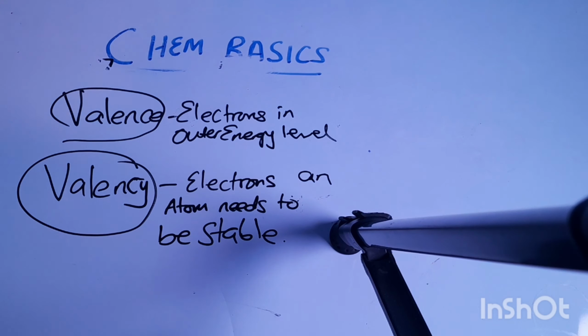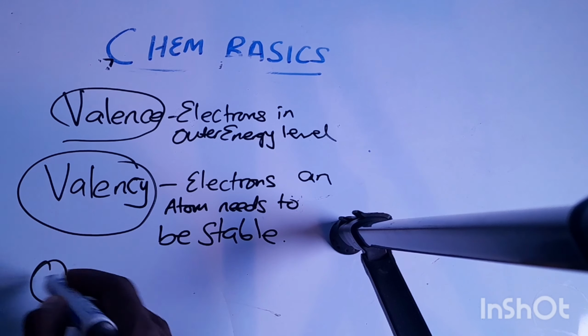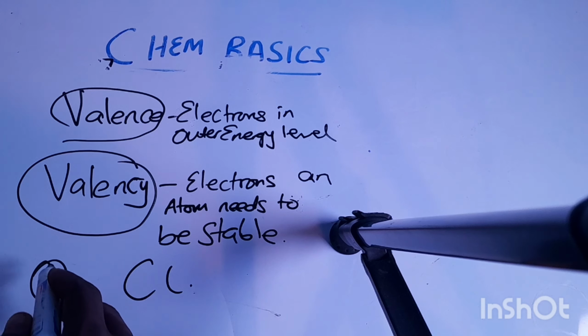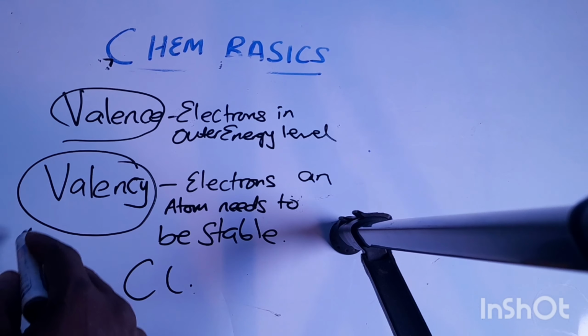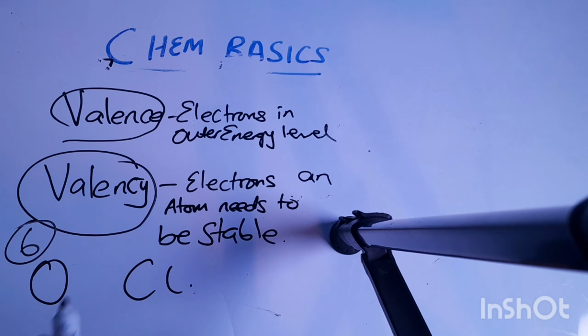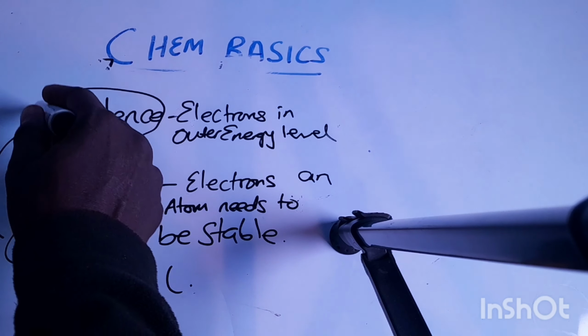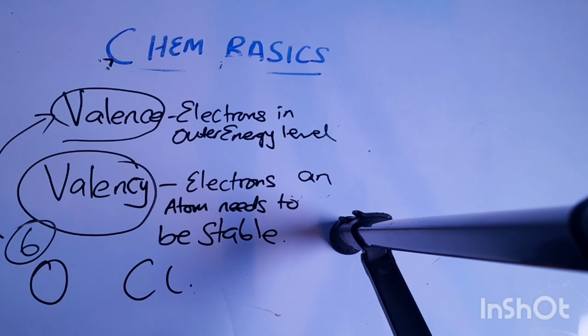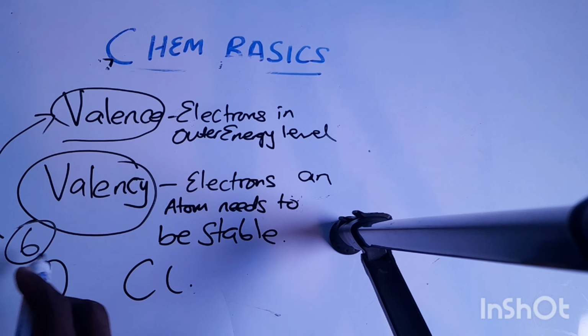Valency electrons are the number of electrons an atom needs to be stable, right? If we look at oxygen and chlorine, for example, oxygen is in group 6, so it has 6 valence electrons. But how many electrons does oxygen need to be stable?